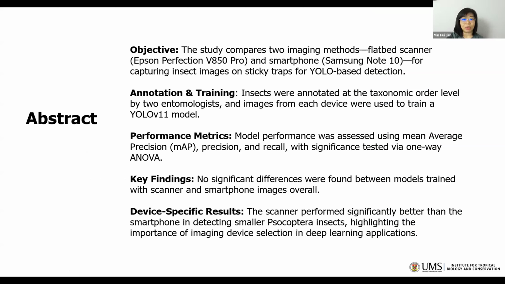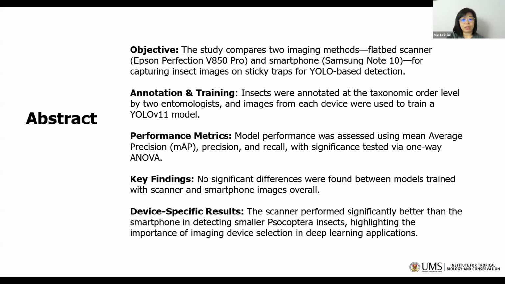It was done by two entomologists, and images were trained using YOLO version 11. The evaluation was using mean average precision, mAP, precision and recall. And lastly, we tested our result using a one-way ANOVA.